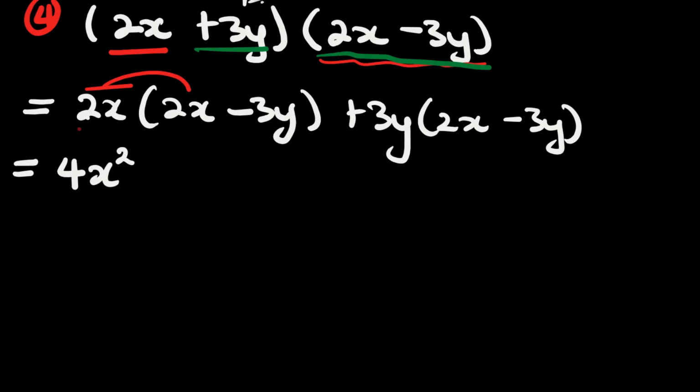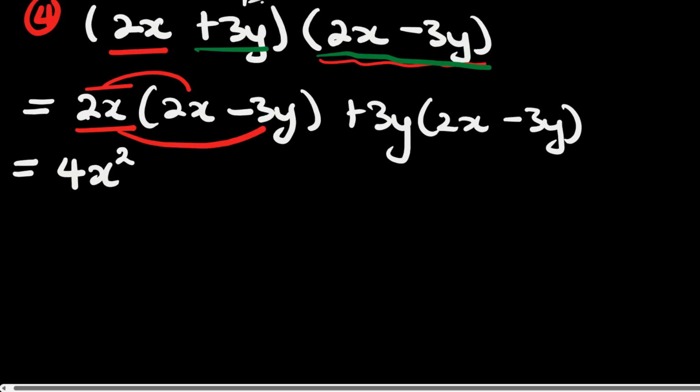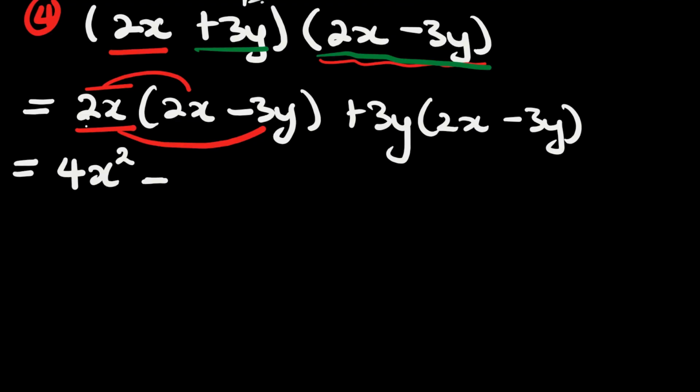Then now it's 2x multiplied by negative 3y. So negative 2 times 3, you get 6. Then x times y, xy, nothing happens.